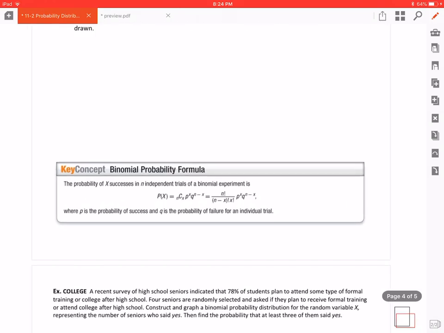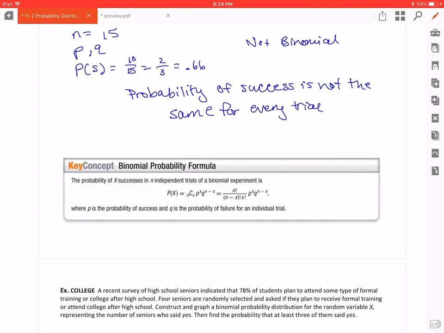Okay, now this is the formula for binomial probability. It is a combination. And of course, these only work if you've got a binomial experiment going on.